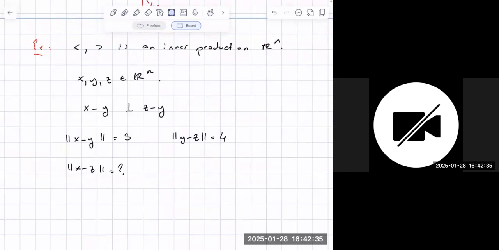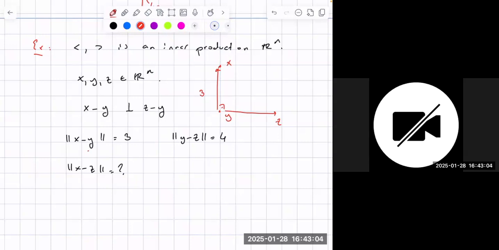So what it is saying is this. Let me try to picture this. Let's say here is x, and here is y, and x minus y is something like this, and z minus y is something like that. And apparently they are orthogonal to each other, okay? There's like a right angle in between. And what else I know? x minus y's norm is apparently 3.